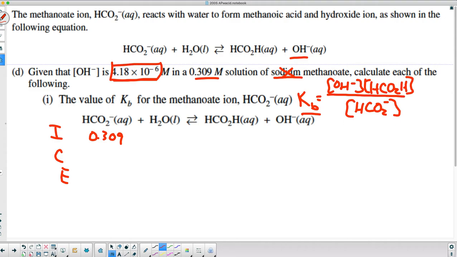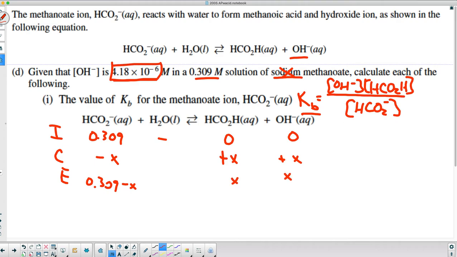So that just means the 0.309 molar concentration is the HCO2-, and we don't do anything with that. We think the others are 0 to start, plus X. It's the same thing we've been doing all along. This will be minus X, so this is 0.309 minus X, X, and X.